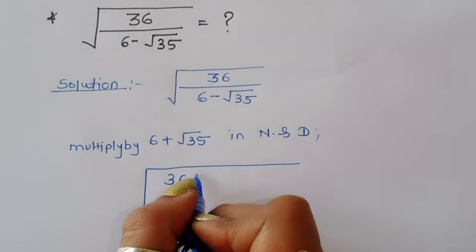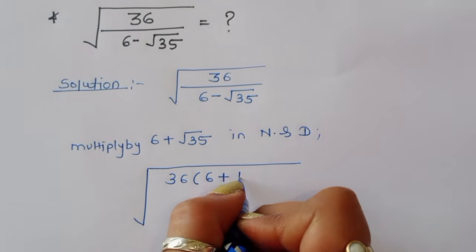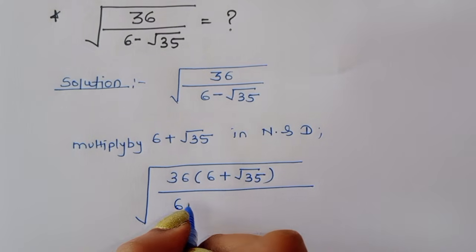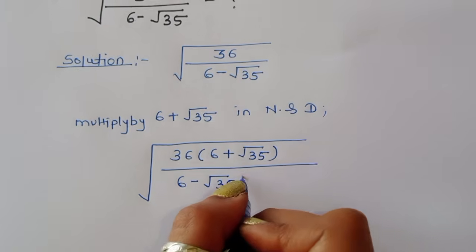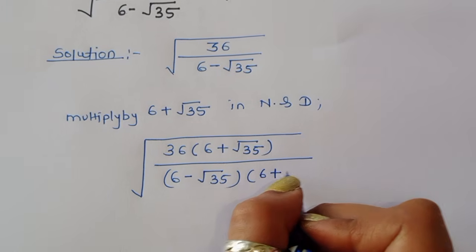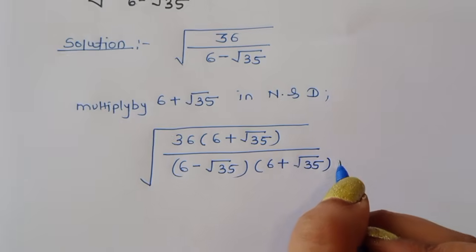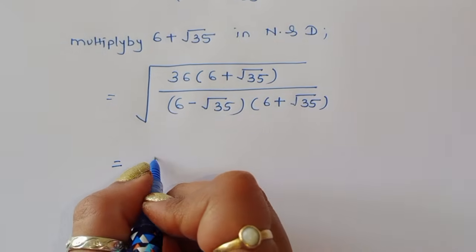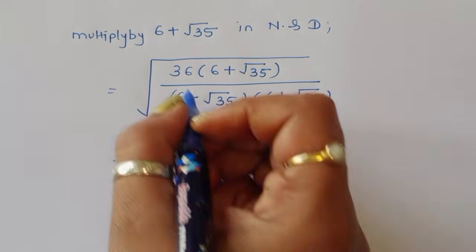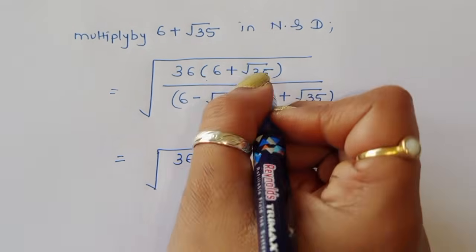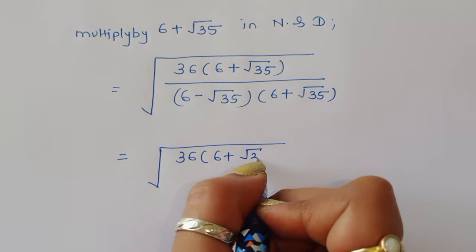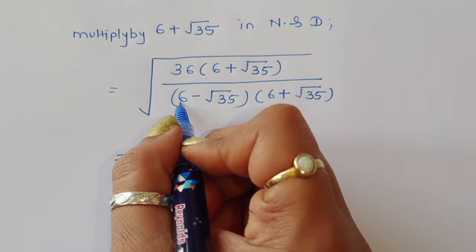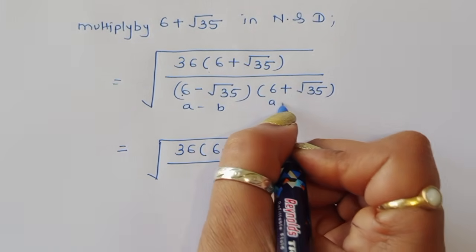36 times 6 plus square root of 35 divided by 6 minus square root of 35 times 6 plus square root of 35, which equals 36 times 6 plus square root of 35 divided by, now this is a minus b and a plus b.